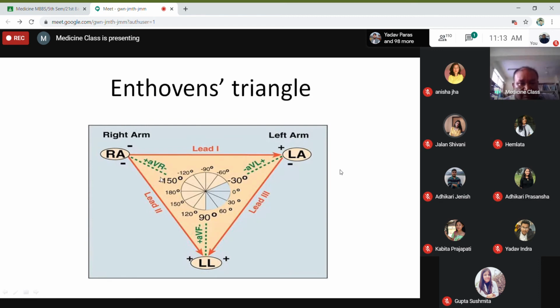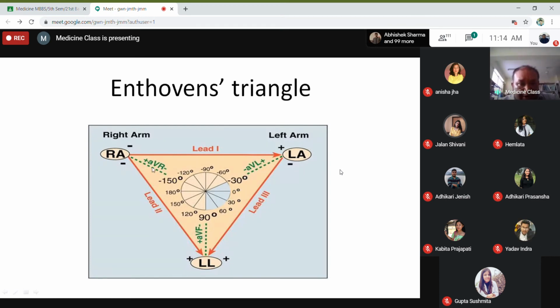Another lead that we talk about is unipolar leads. Lead 1, lead 2, lead 3 are bipolar leads because they have 2 poles. But there are others, AVR, AVL, and AVF, which are called unipolar limb leads.